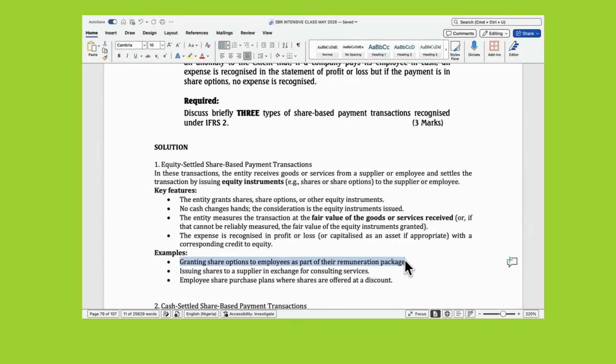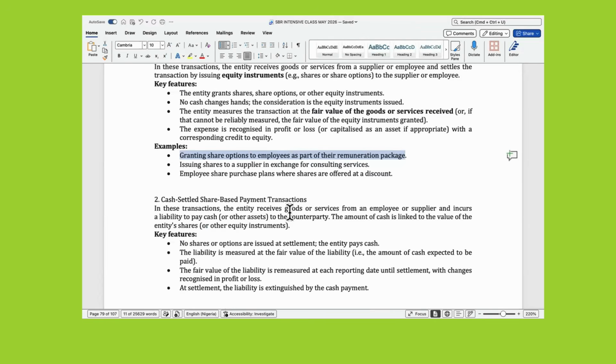The second type is cash settled share-based payments. For this one, the entity receives goods or services from its employee or supplier, and in return, the entity incurs a liability because it has to pay cash, in this case, to the counterparty.